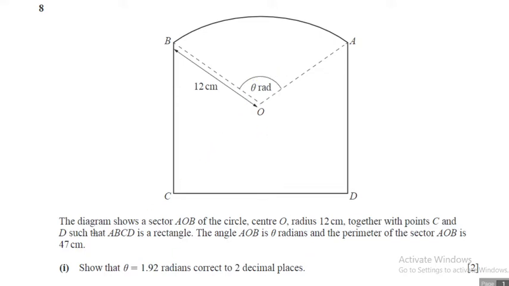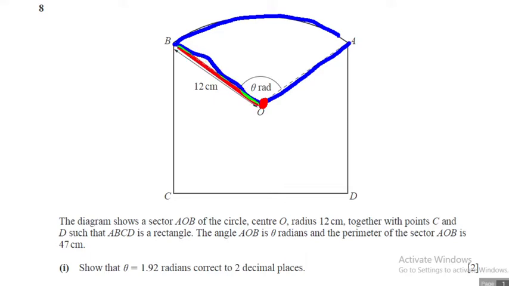Given here the perimeter of the sector is 47 centimeters. So let's highlight the sector here. The sector here is AOB. Notice that if this is the center, then OB is the radius, and OA is also a radius, right? So 12 centimeters, 12 centimeters.